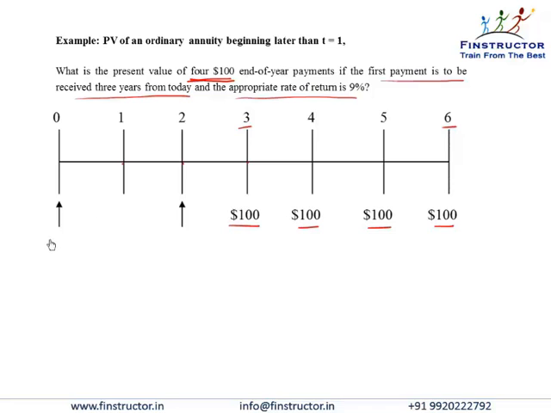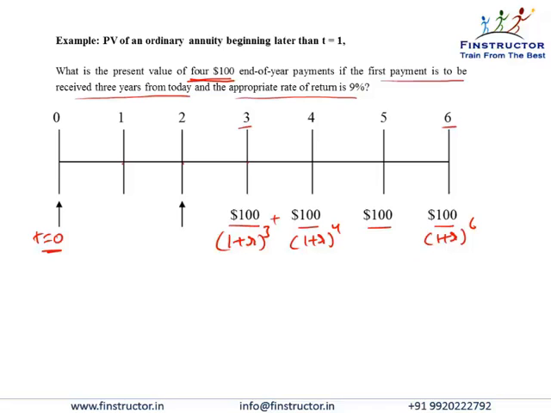So present value means the value at t equal to 0, a value right here. So what will be the value of the first cash flow? It will be 100 upon 1 plus r to power 3, since it's coming 3 years later. The second cash flow comes 4 years later, so on and so forth. We can manually discount each cash flow and compute the value at t equal to 0.